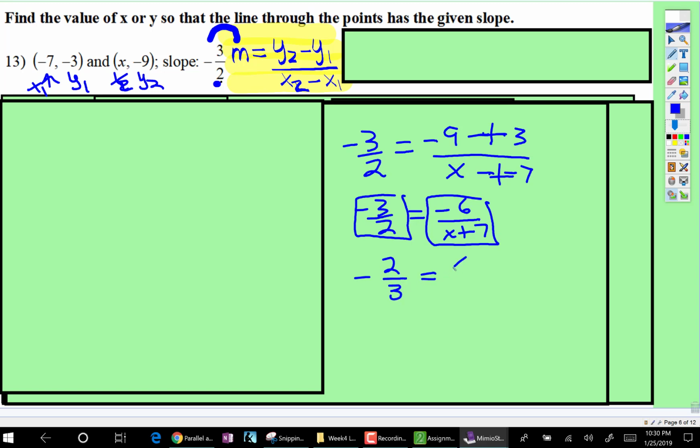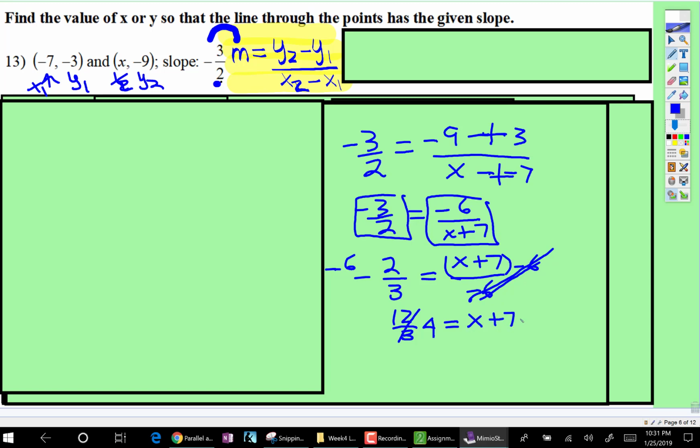So now we have x plus 7 over negative 6. How do you cancel a dividing negative 6? Multiply. Negative 6 times negative 2 is 12. 12 divided by 3 is 4. And because the negative 6 is canceled, that leaves x plus 7.